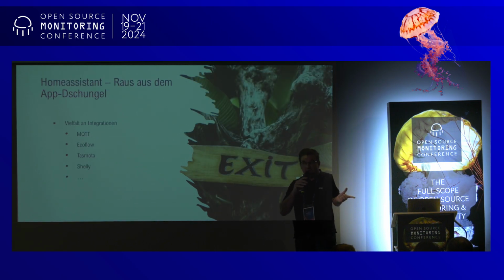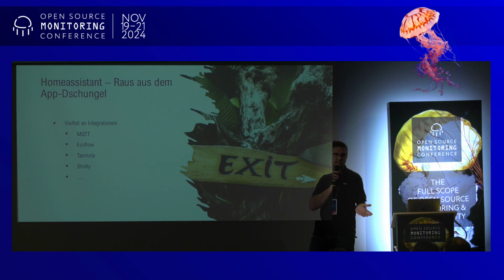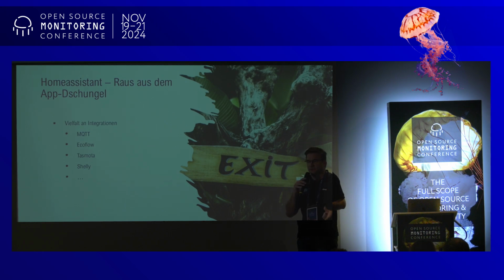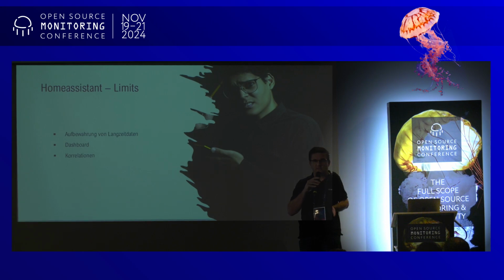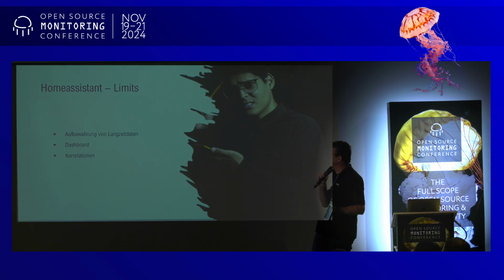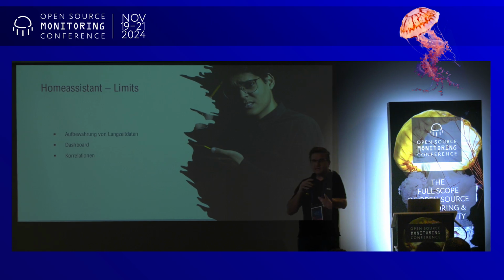Out of the jungle, we have Home Assistant, for example, or openHAB for the integration of multiple tools. So I'm able to get all of the information from MQTT, from the EcoFlow power plant, from Tasmota. I don't know if anyone knows what Tasmota is. It's full-featured, but we have some limits in this case. Long-term storage of the values is not that easy in Home Assistant.